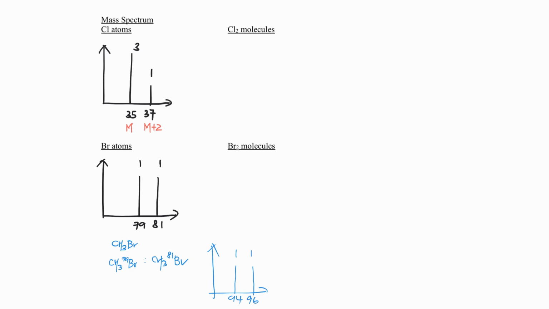The same goes for bromine, where if 79 is M, 81 will be M+2. So for a bromine atom in a molecule, the molecular ion will have the same pattern: if 94 is M, 96 will be M+2.